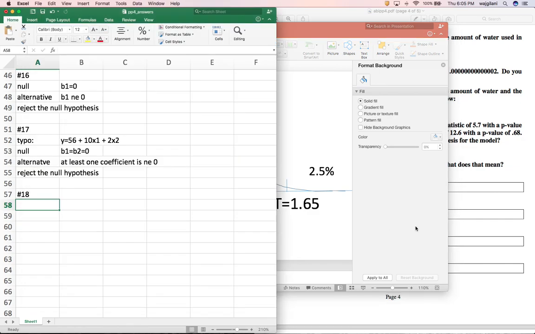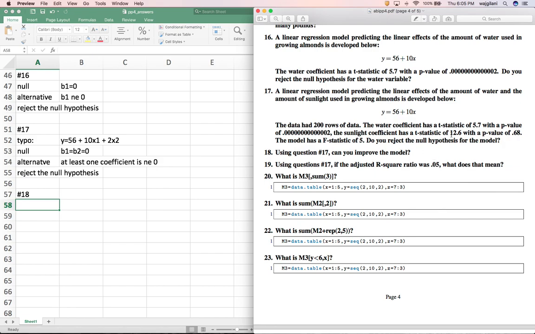So therefore, this value right here, the sunlight coefficient, basically means the standard error for the coefficient was too large. Because the standard error for that coefficient was so large, the coefficient value itself could be driven just by random error.